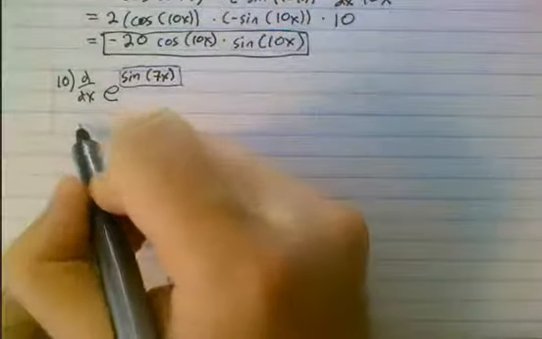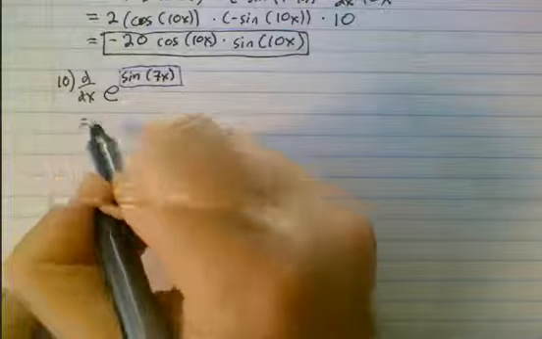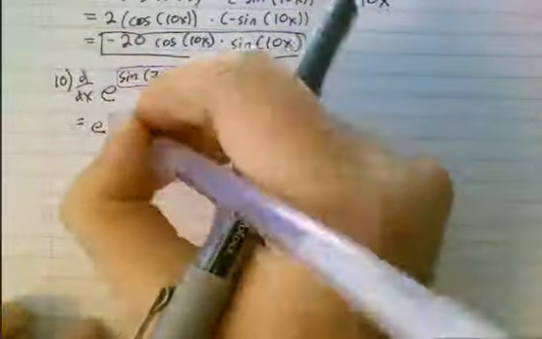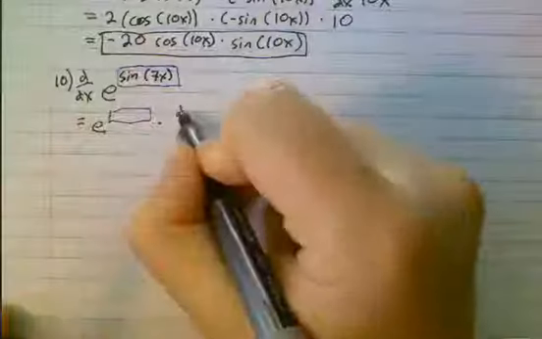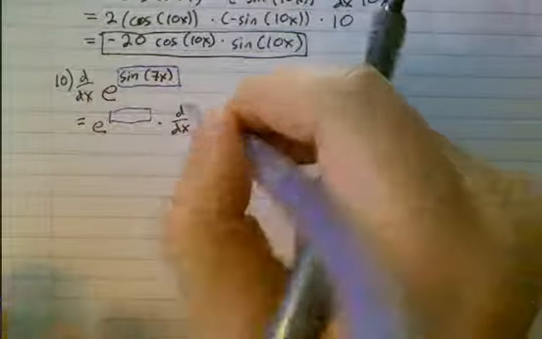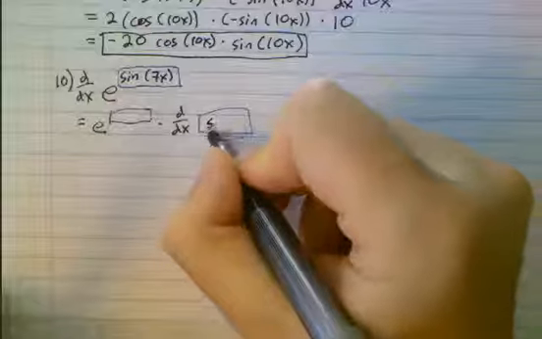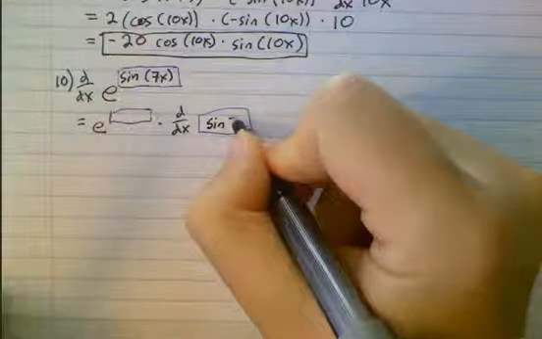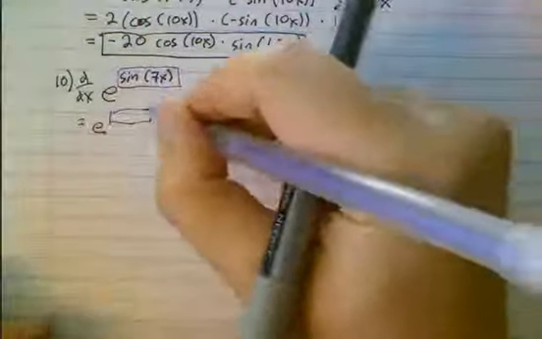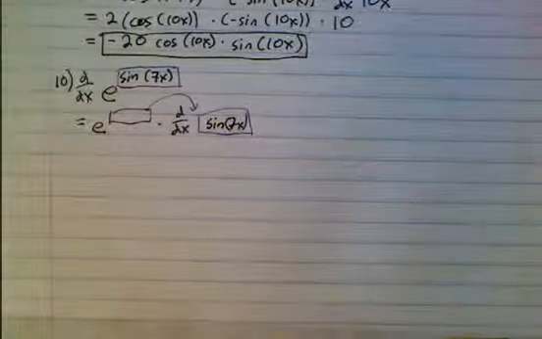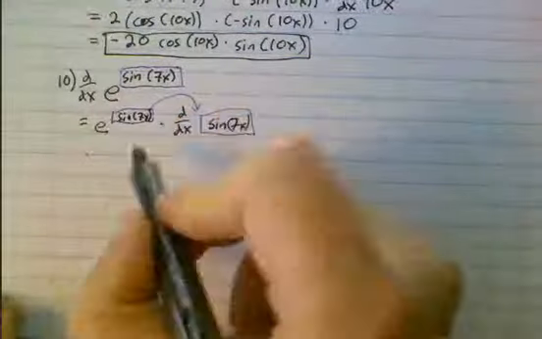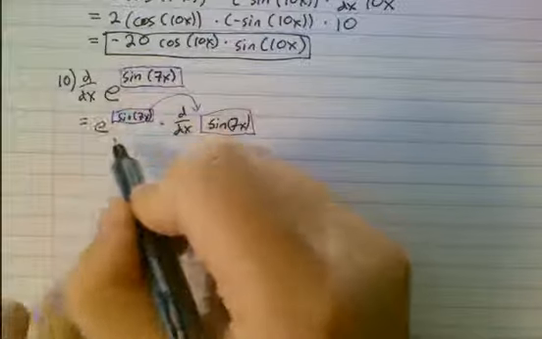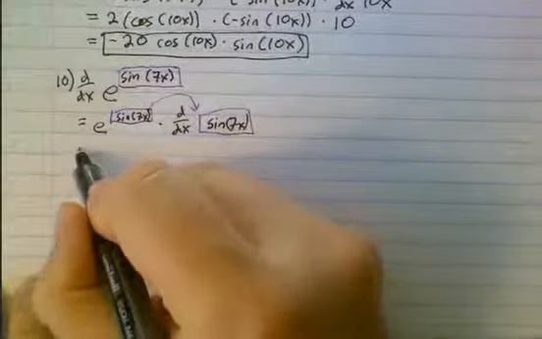So we're going to start by doing the derivative of e to the box, which is e to the box, times the derivative of what's in the box. Now this part's done. It's just along for the ride. We're only going to be working with this part.